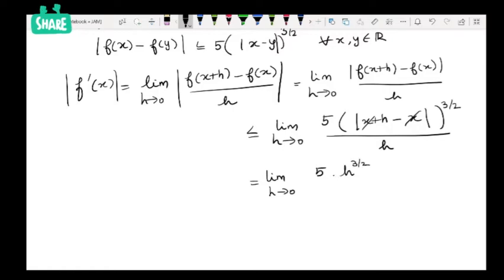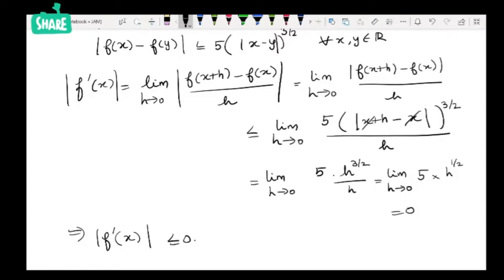So limit h tends to 0, 5 into h power 1 by 2. When you apply the limit, this will be 0. So modulus f dash of x is less than or equal to 0. So this gives us f dash of x is equal to 0, which then implies f of x is equal to a constant number.